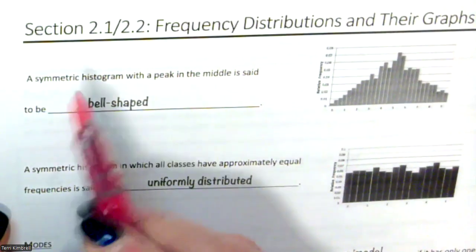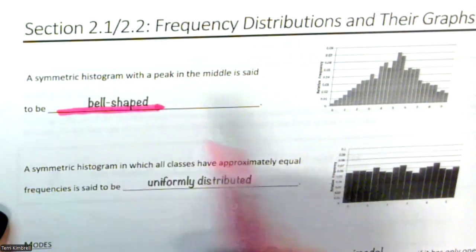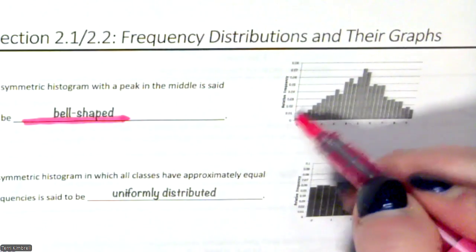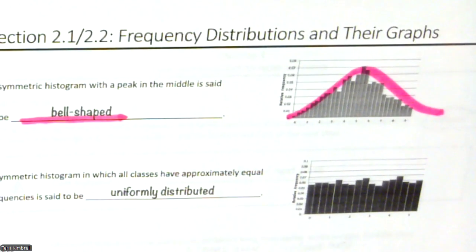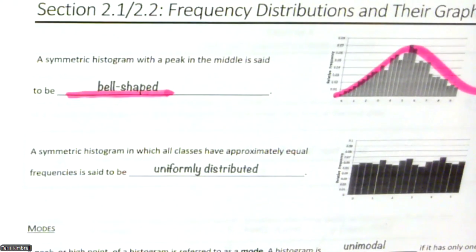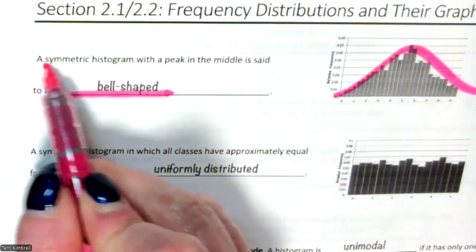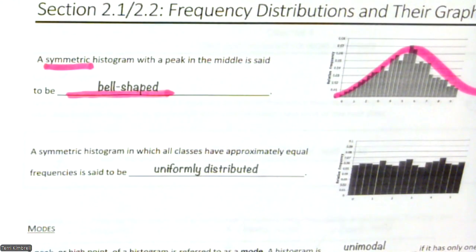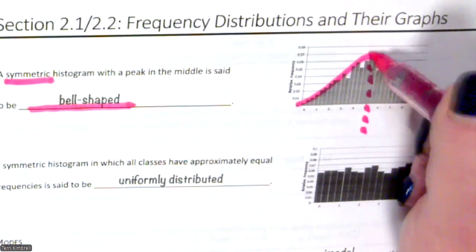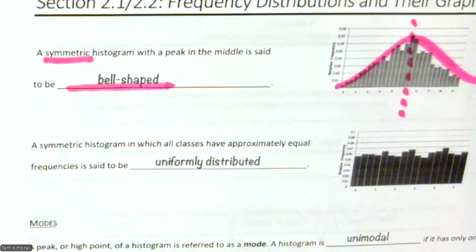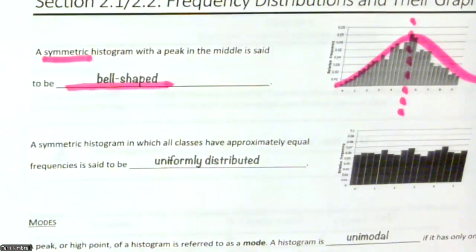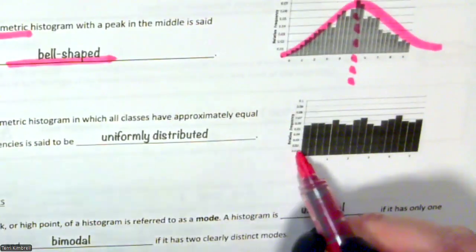So with this symmetric histogram, you notice that you have a peak in the middle, and it kind of symbolizes a bell-shaped curve. Okay, so that would be considered symmetric. If it was to be foldable, it would be pretty much symmetric on both sides. One special name for a symmetric histogram where you have pretty much equal frequencies, you can see this one right here.